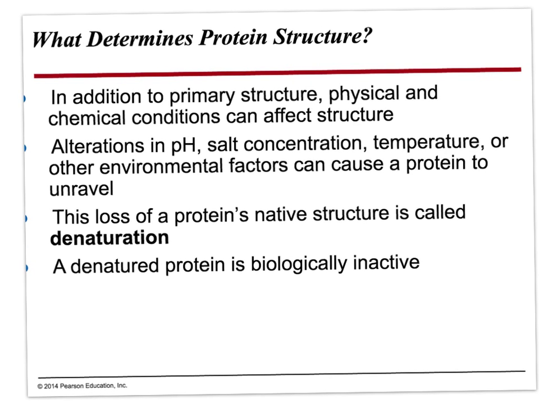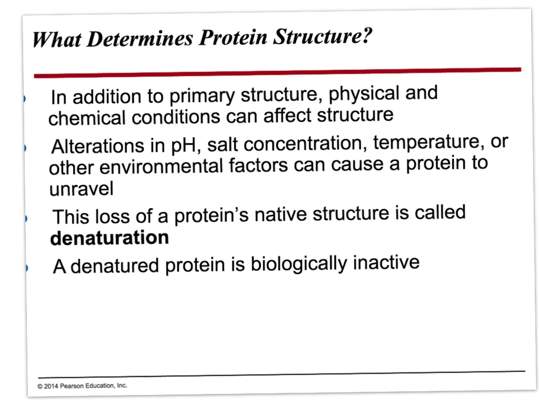All right? So, what determines protein structure? The sequence of genes, right? And that's determined by the sequence of amino acids. But when we change certain conditions, salt conditions, pH, temperature, we can disrupt protein structure.